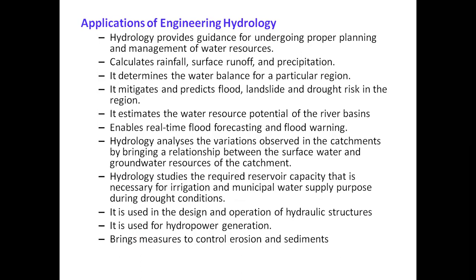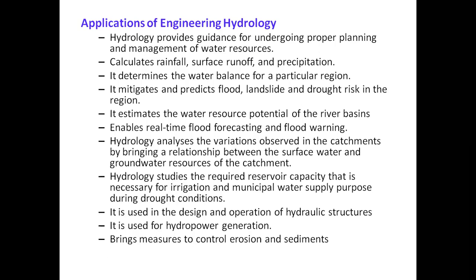Here, applications of engineering hydrology. Hydrology provides guidance for proper planning and management of water resources, and calculates rainfall, surface runoff, and precipitation. It determines the water balance for a particular region. It mitigates and predicts flood, landslide, and drought risk in the region. It estimates the water resource potential of river basins and enables real-time flood forecasting and flood warning.